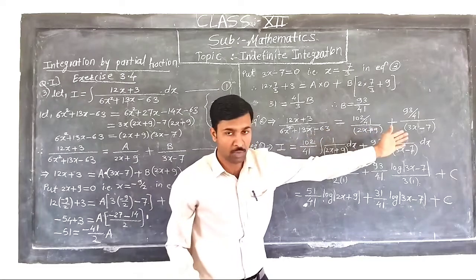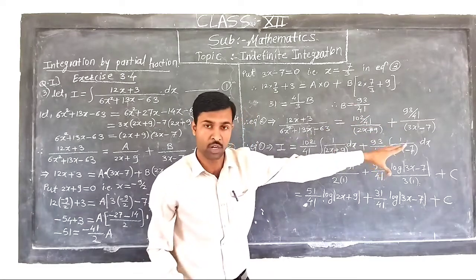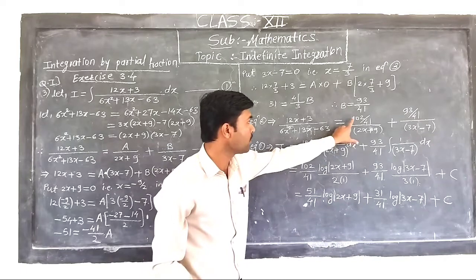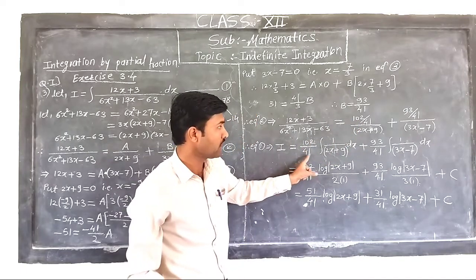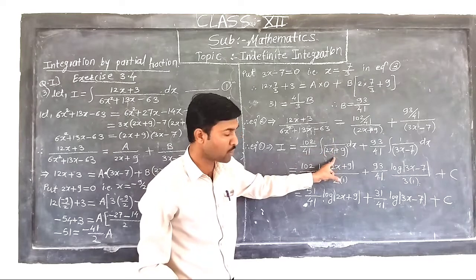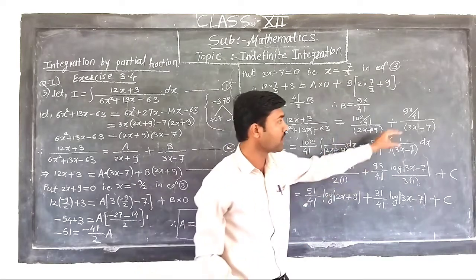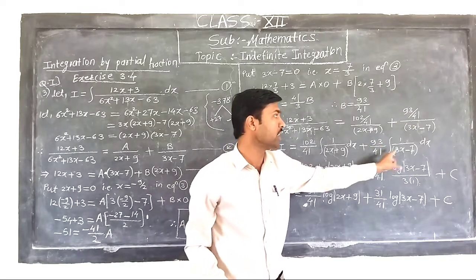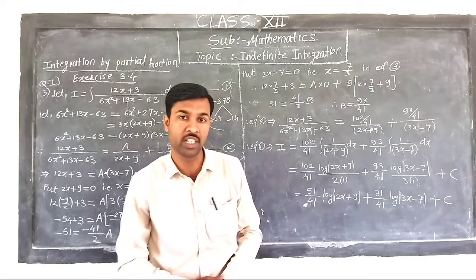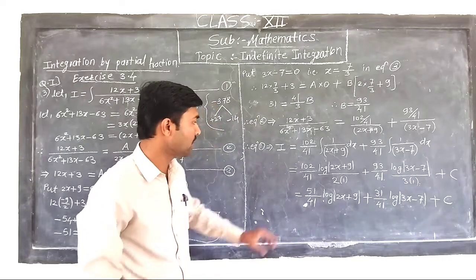As here is the addition of two functions, we have to separate the integral for both functions. The first term will be constant 102 upon 41 taken outside of the integral, then integration of the remaining term is 1 upon 2x plus 9 into dx, plus here constant 93 upon 41 is taken outside of this integral, so integration of 1 upon 3x minus 7 into dx.